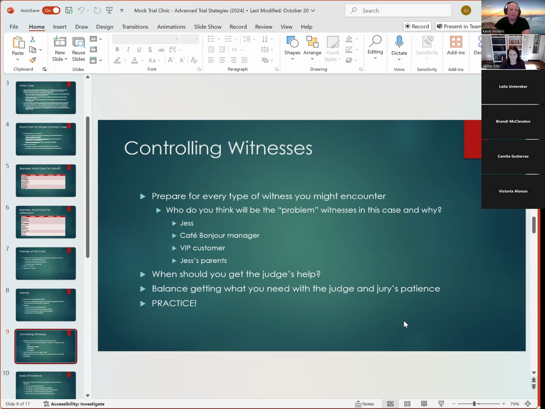But again, with what Jamie said, that's absolutely correct. Part of this is trying to show how you control a witness. How do you respond when the witness does not respond in the way that you want them to? You certainly want to get an answer to your question.